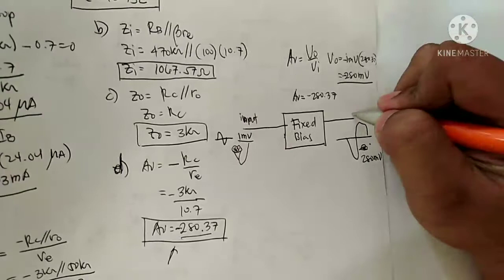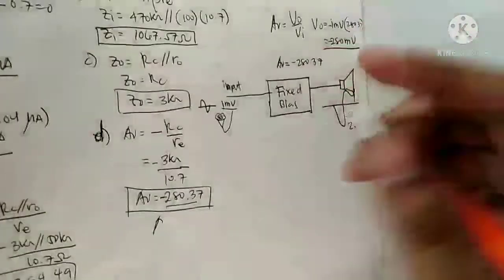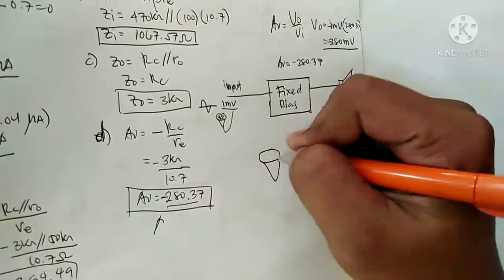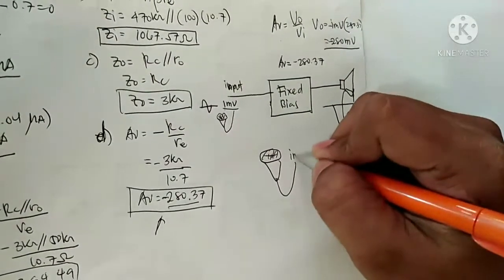You can then feed it to speakers. Imagine you have a microphone whose output is 1 millivolt.